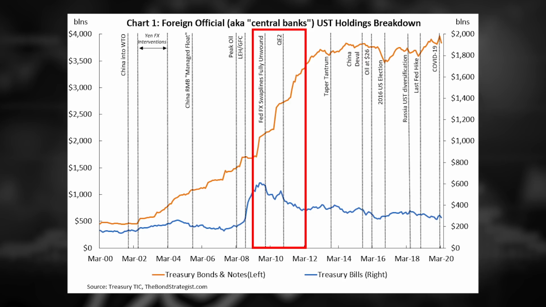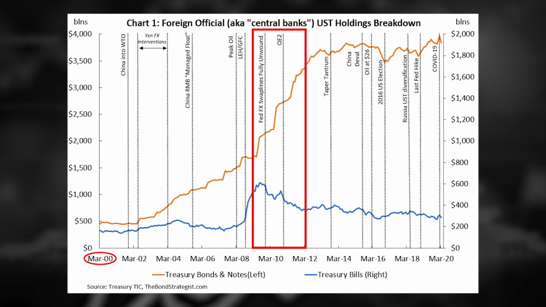So let's dive right into chart number one, and it looks like it's the foreign official U.S. Treasury Holdings breakdown. So can you explain this to us, and what type of data can we extract from this chart? Yeah, so the first chart that we're going to spend some time unpackaging has a lot of moving parts, and I'm looking at it as we speak.